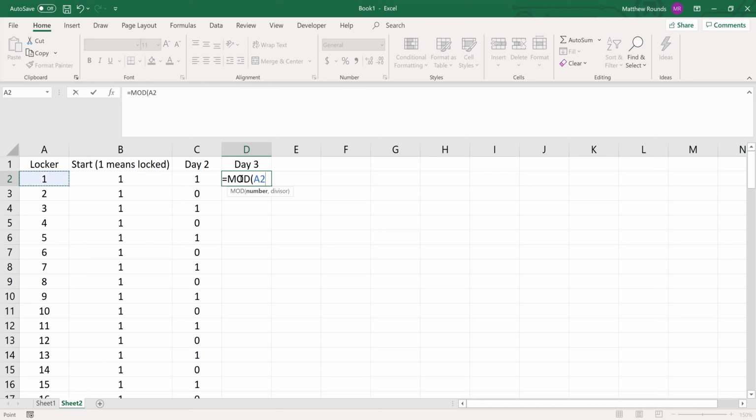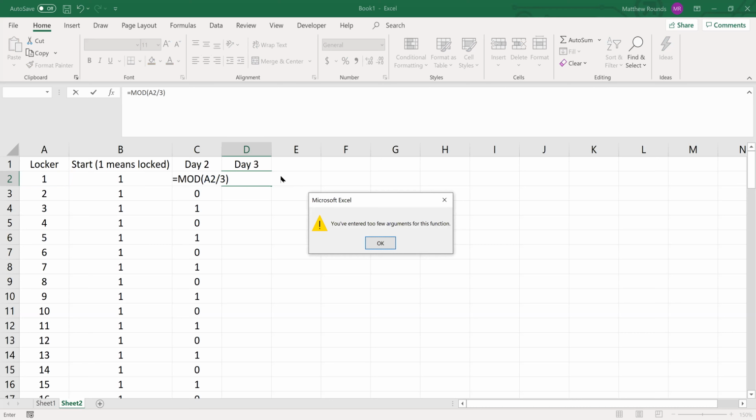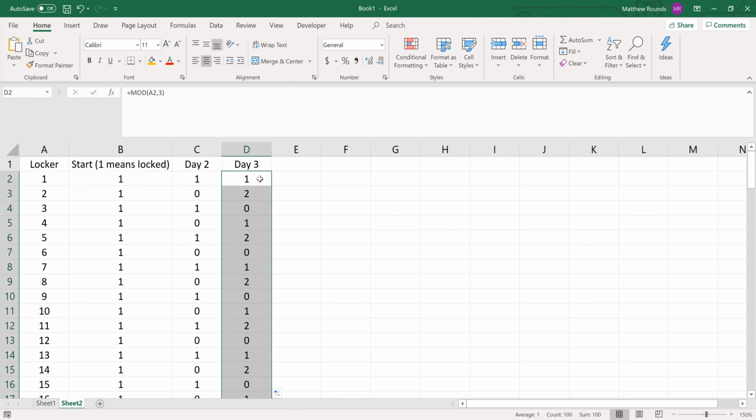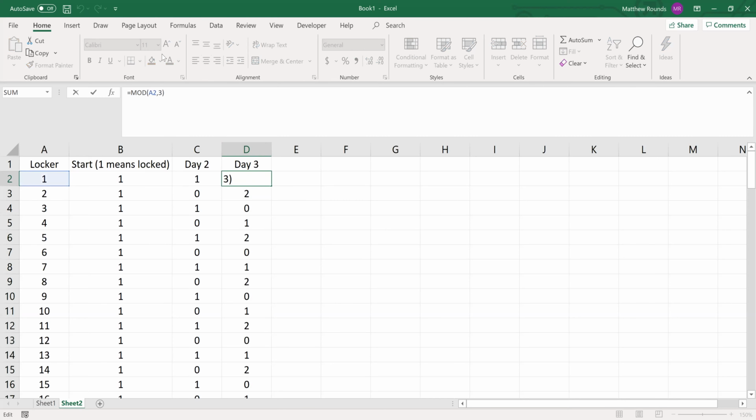If this number is divisible by 3, if it's true, this is by 3. That means it equals 0, 1, 0.